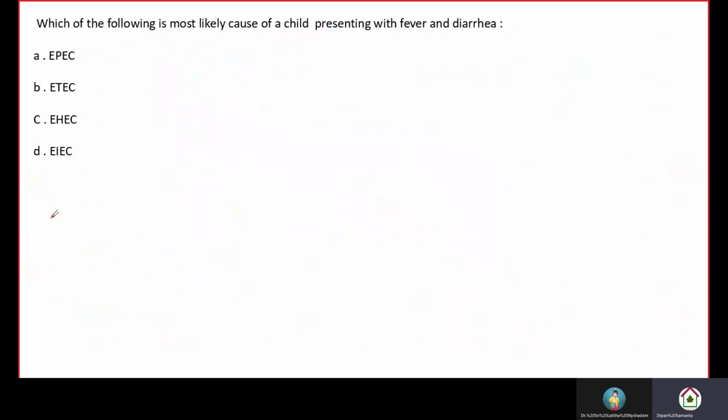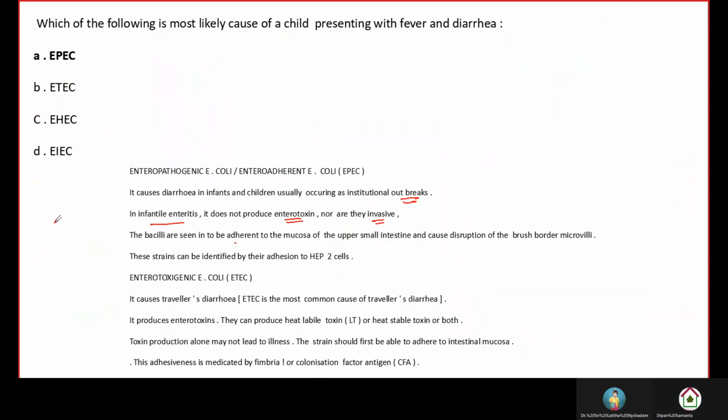And another important portion is E. coli and its different classifications. This is another important portion from microbiology.